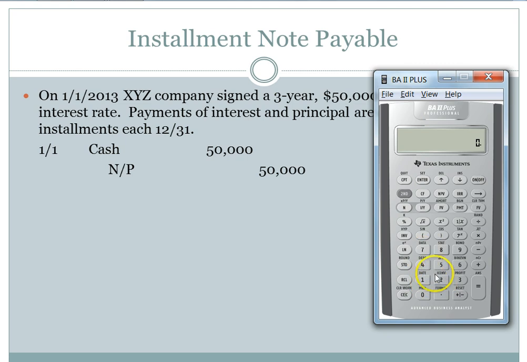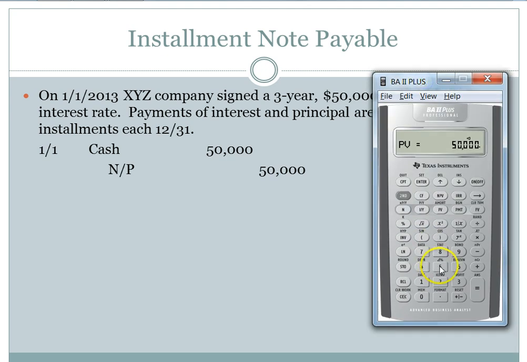And so I know that the present value was $50,000. I brought $50,000 of cash in, so that's a cash inflow. My interest rate per year is 5%, so I put 5% interest rate per year. And this note is going to be outstanding for a total of 3 years, so N is equal to 3.